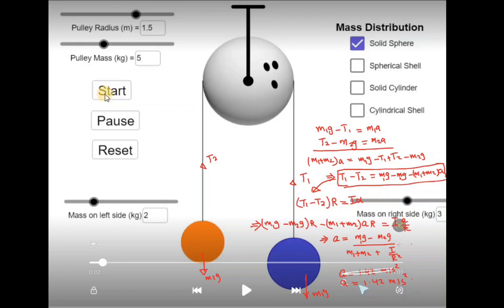Once we calculate the acceleration, we can easily calculate the angular acceleration, and remember a is equal to R alpha, and alpha equals a over R. And once we calculate a, the net torque equals I alpha, and that's it.